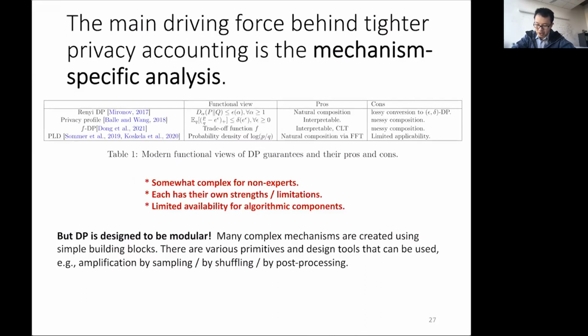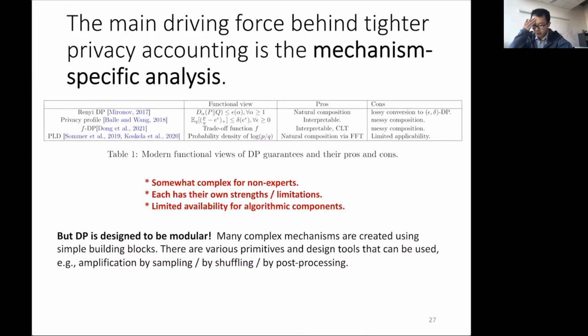Another limitation is that, since this is mechanism specific, we need to derive these mechanism-specific representations for every mechanism separately. And that is a huge overhead. Luckily, as we've explained earlier, differential privacy is designed to be somewhat modular. A lot of the more complex algorithms, such as the private multiplicative weights algorithm, are actually created using simple building blocks.